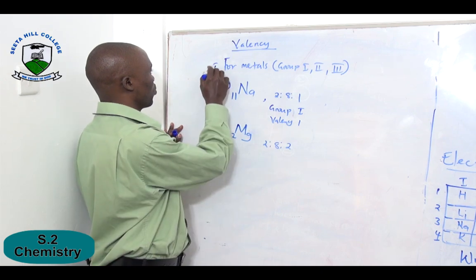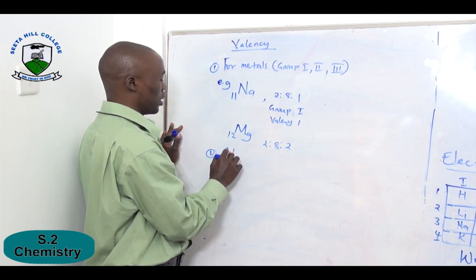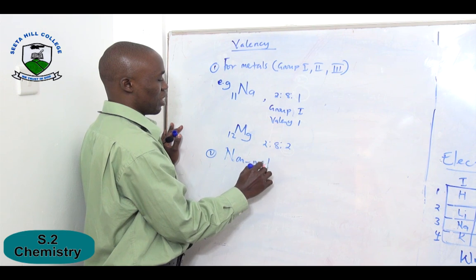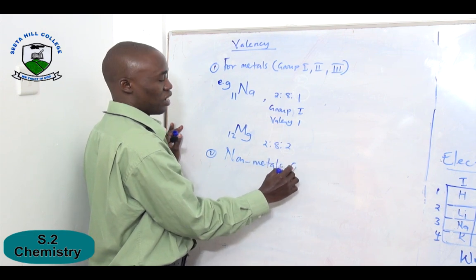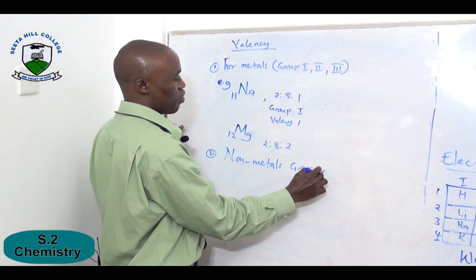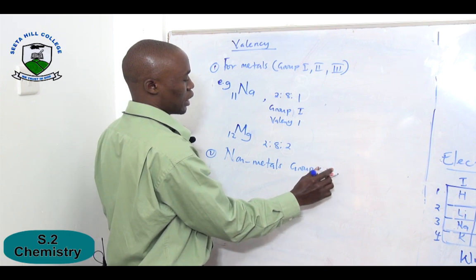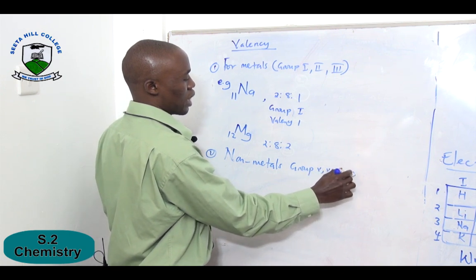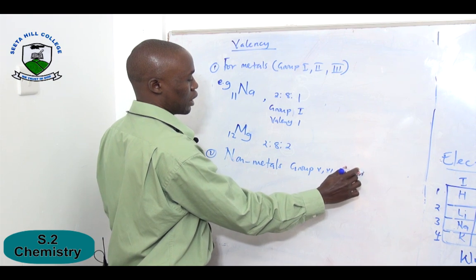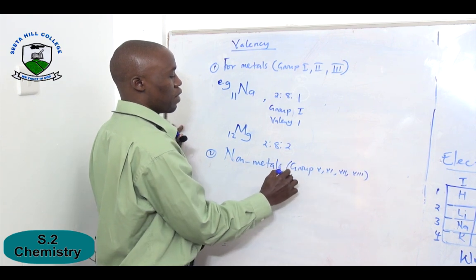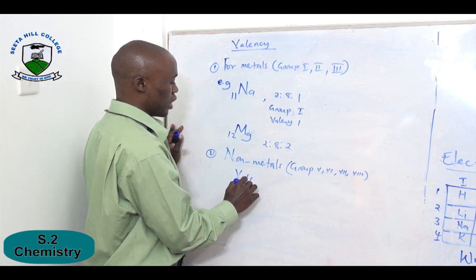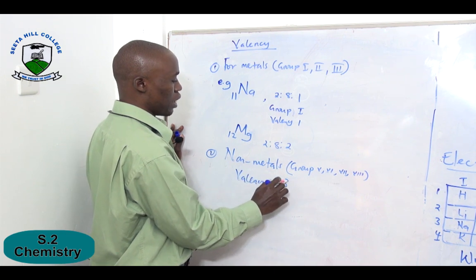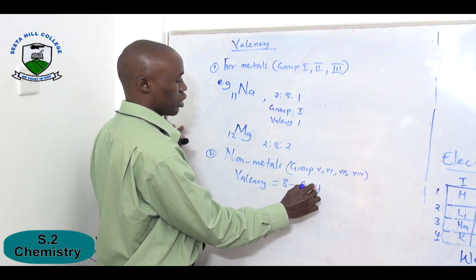So, now, non-metals, now we are moving. Non-metals, that's group 5, 6, 7, and 8. Their valence is got by 8 minus what?